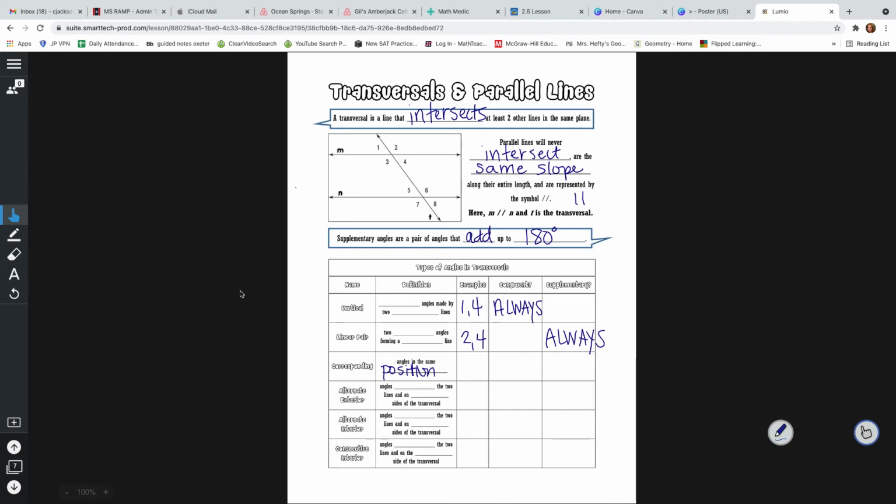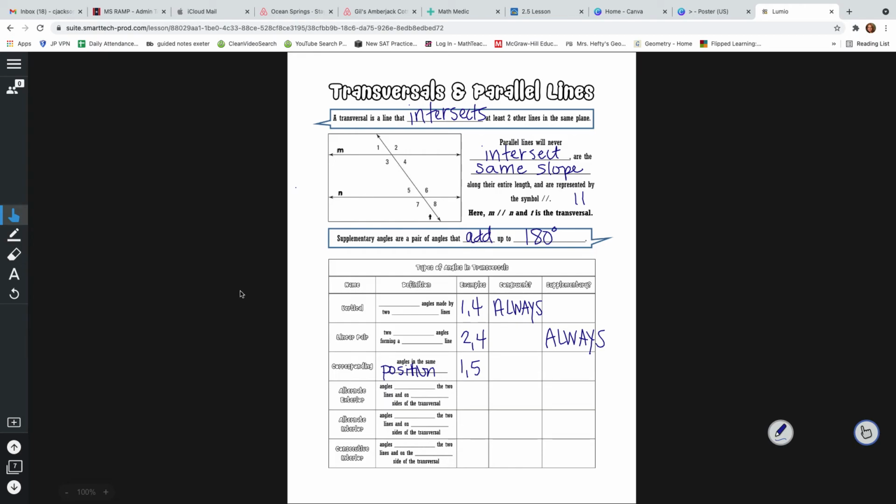Corresponding angles are angles in the same spot or in the same position. Using the picture at the top, give me just one set of corresponding. 1 and 5. When lines are parallel, do you think that corresponding angles are congruent or supplementary?